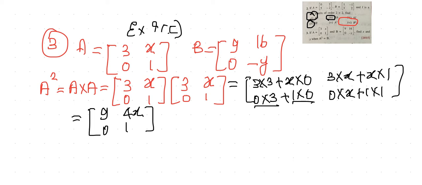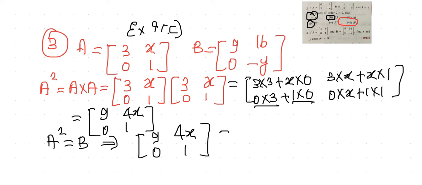Now what do you do next, children? In the next step, you write that a square has been found out, and a square is equal to b. So this implies 9, 0, 4x, 1 is equal to b, which is 9, 0, 16, minus y.